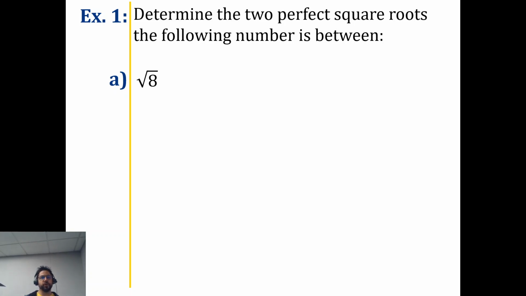So for the square root of 8, well, we know the square root of 9, we know the square root of 16, but 8 is not between 9 and 16. Now, remember, these are not normal numbers. These are square root numbers. So we're actually going to say that the square root of 8 is in between our two perfect square roots of 4 and 9, which means that the square root of 8 is somewhere in between a 2 and a 3.